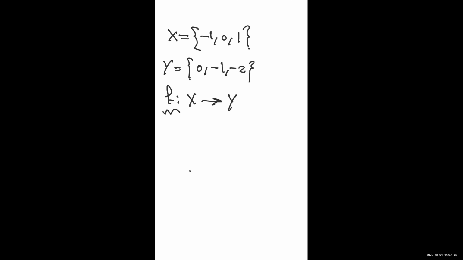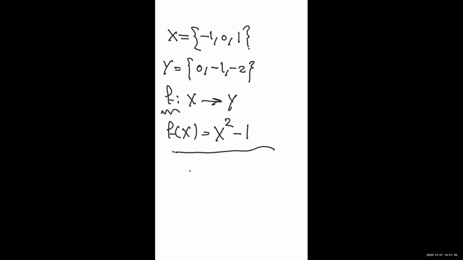It's a function already, where f of x equals x squared minus 1. Find the set of the function, represent it using an arrow diagram and write its range.